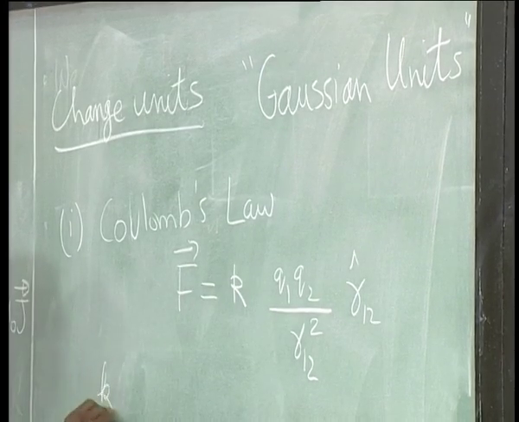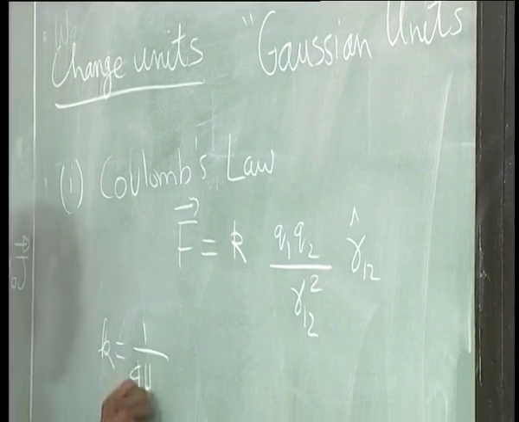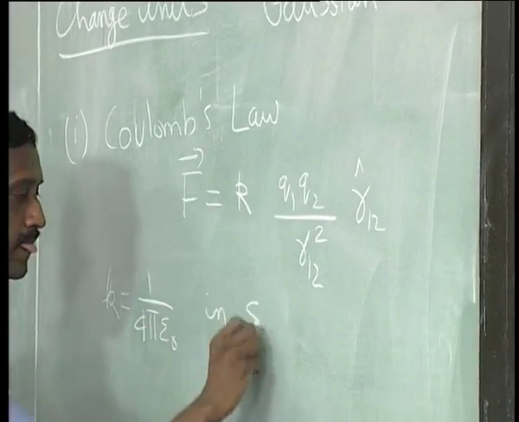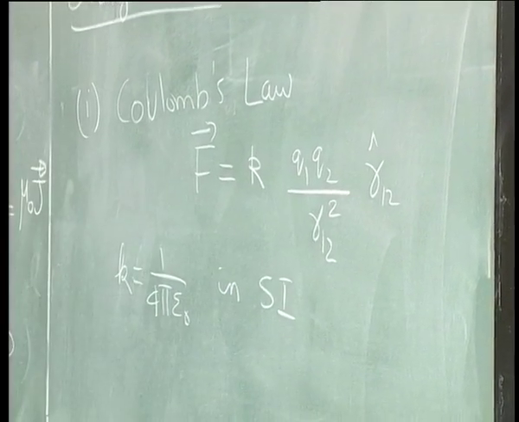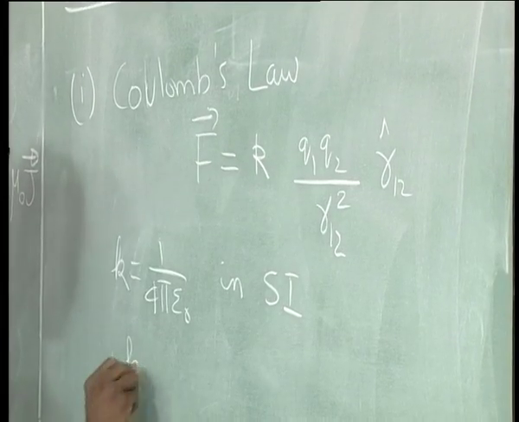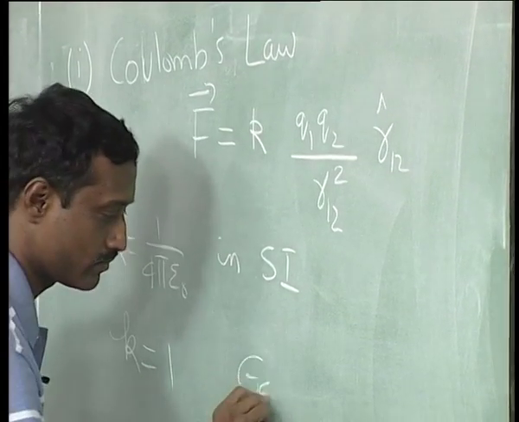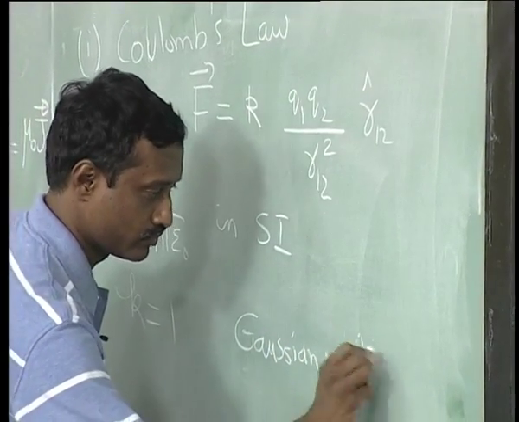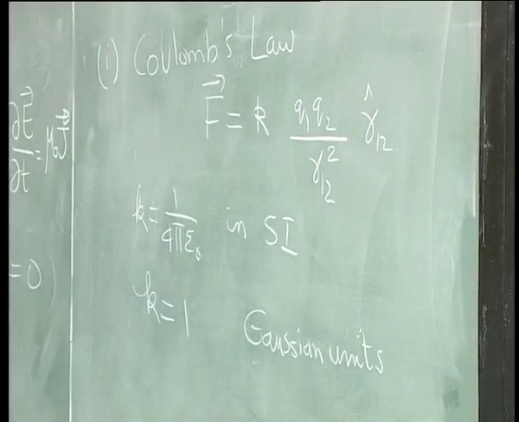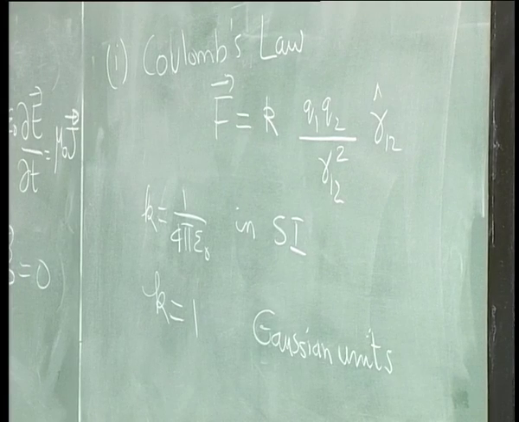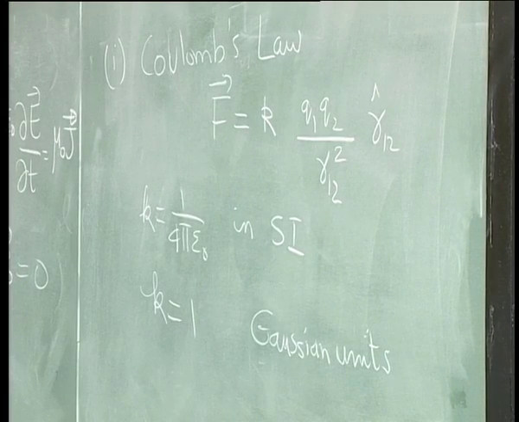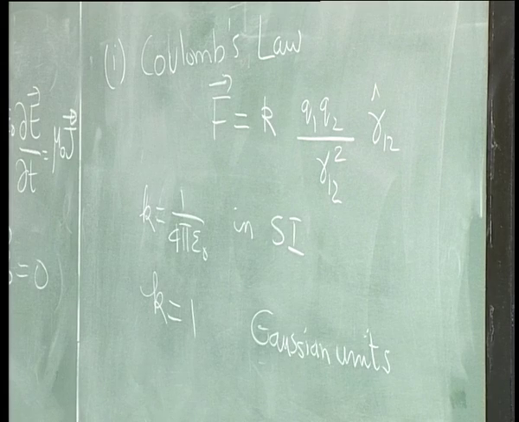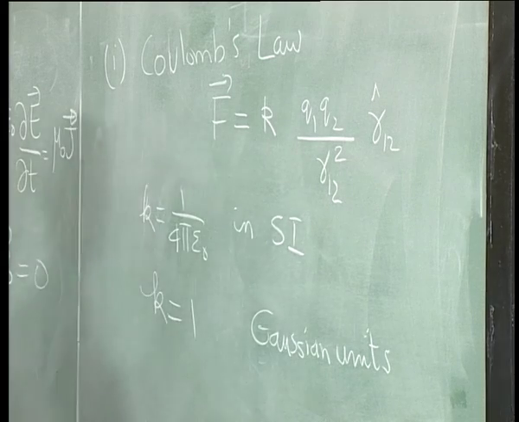So k is equal to 1 by 4 pi epsilon naught in SI units. In Gaussian units, k is equal to 1. In SI units, charge was measured in coulombs, but in Gaussian units it is measured in stat coulombs. Okay. So this is the first step.